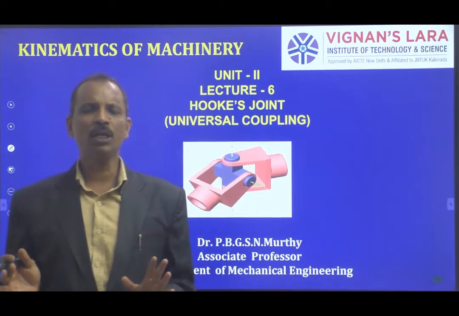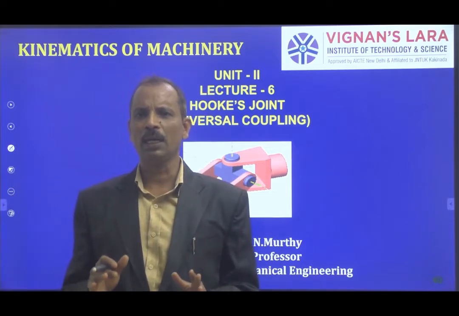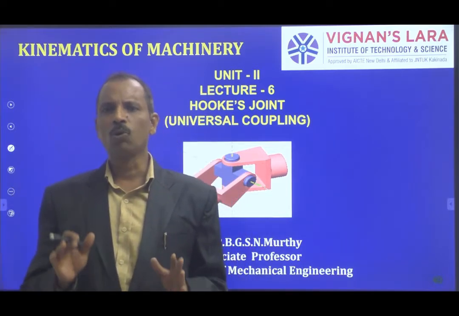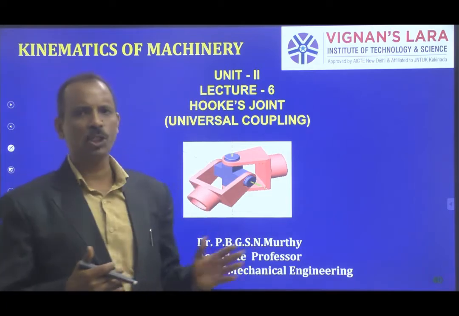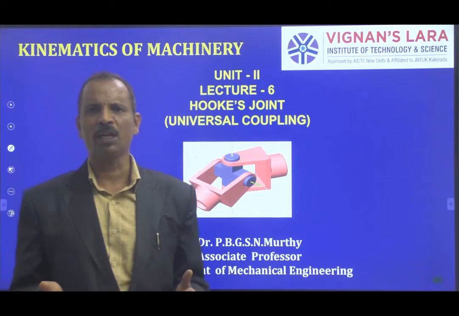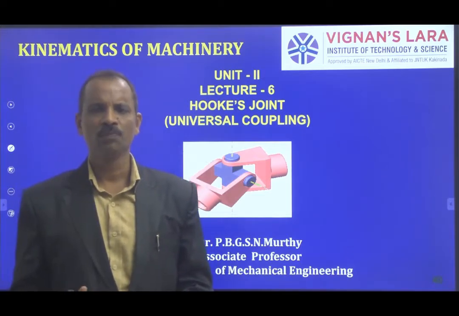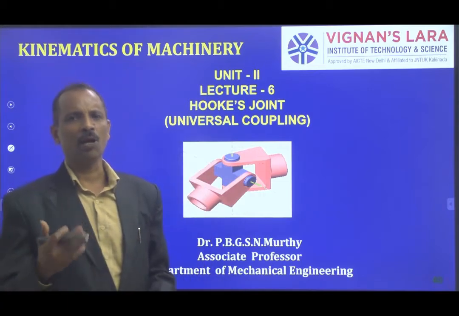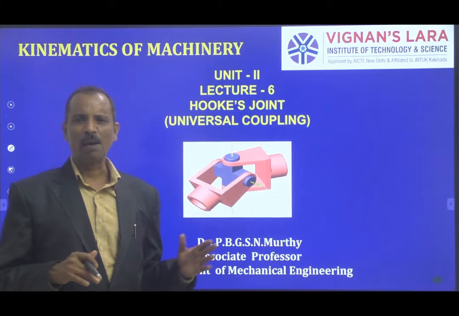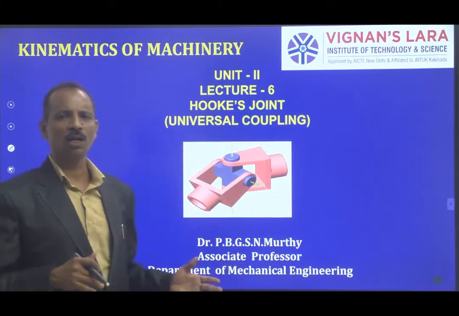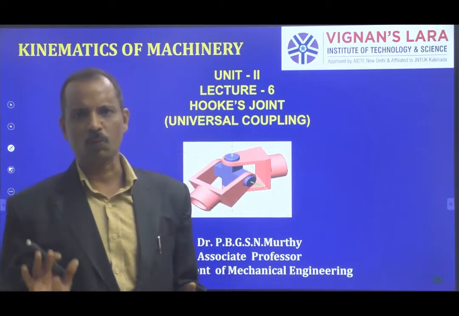In the next lecture, I will focus on the mathematical analysis of the hook joint, and whatever phenomena I describe today will be proved by equations. And finally, in the last lecture, lecture number 8, we will apply the equations we derived in the 7th lecture to problems. Okay.